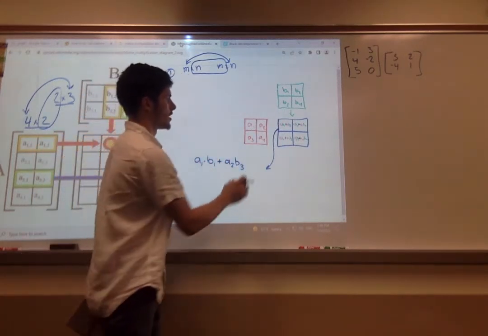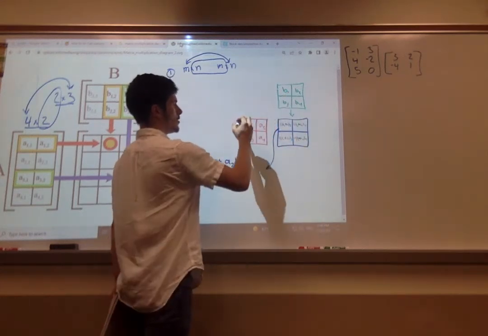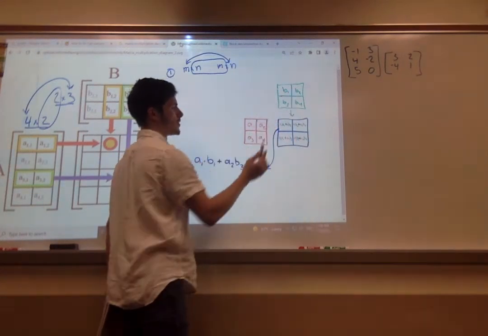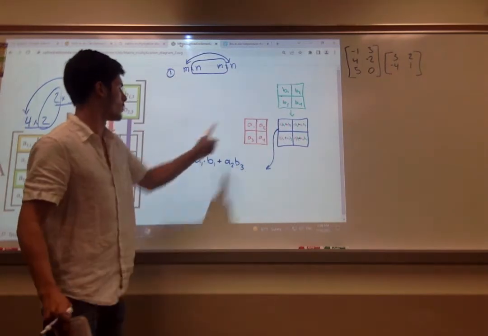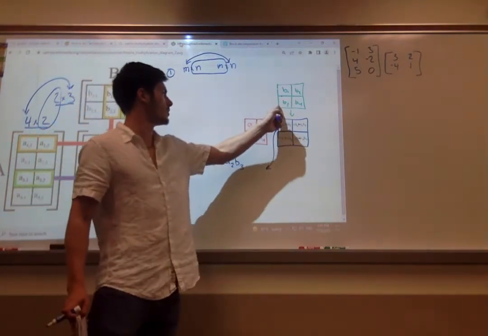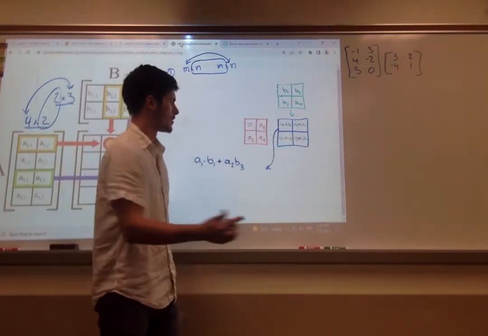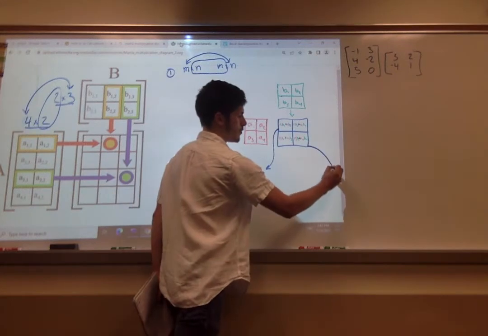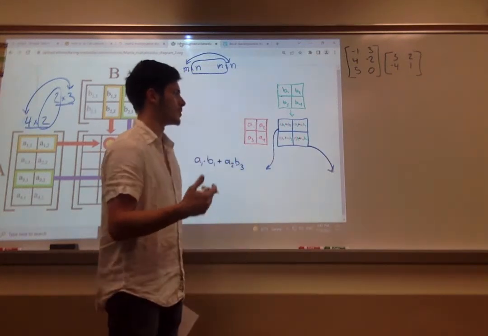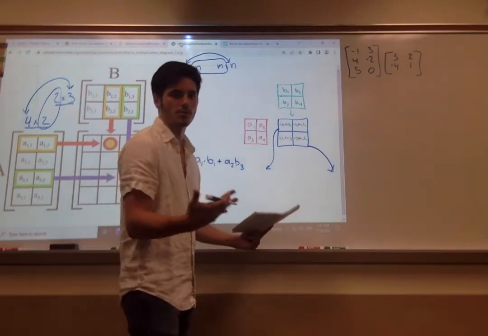So like I said, we're taking the top row and the left column. If it's this matrix times that matrix, it's the top row, A1 times B1, and then A2 times B3, so top row, left column. And then if we go to the bottom row, right column, it's going to be the same thing, but respective to where its location is at.